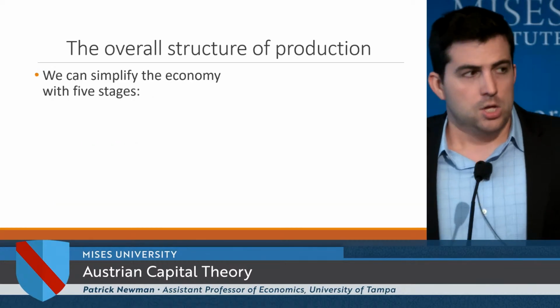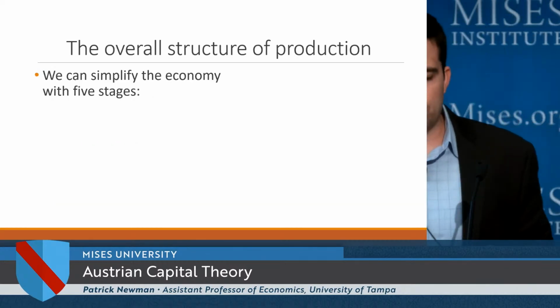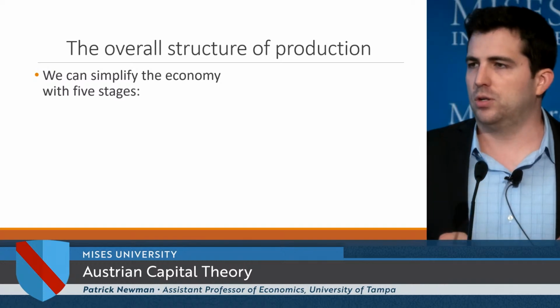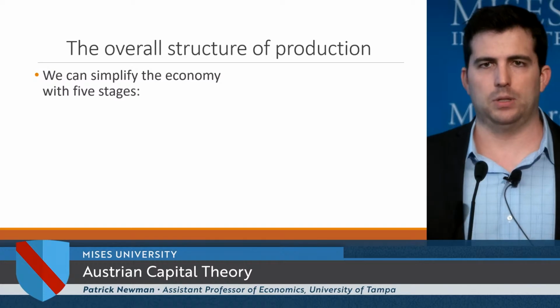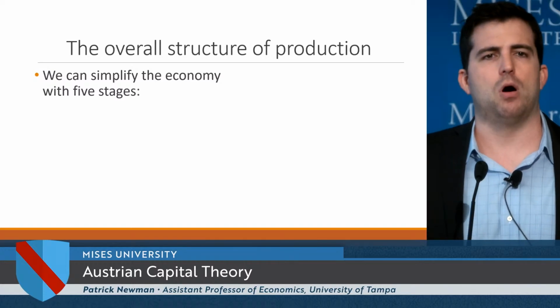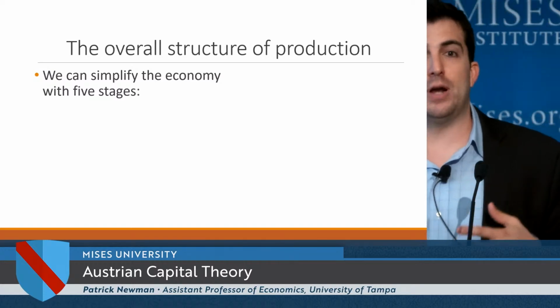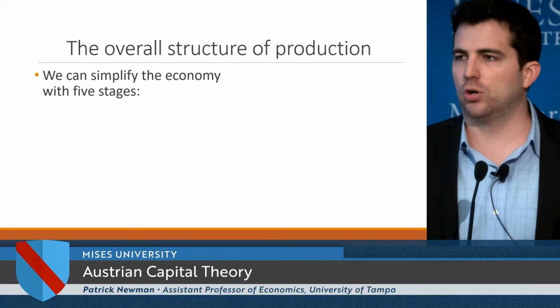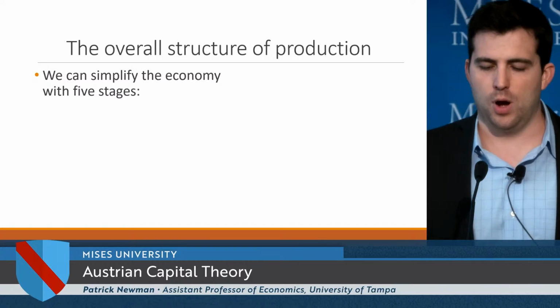Okay, so when we look at the overall structure of production, we could say there's various structures of production to produce certain goods, but let's try to look at the economy overall. Austrians are not big with aggregates, but we do sometimes take a broader view of the economy.